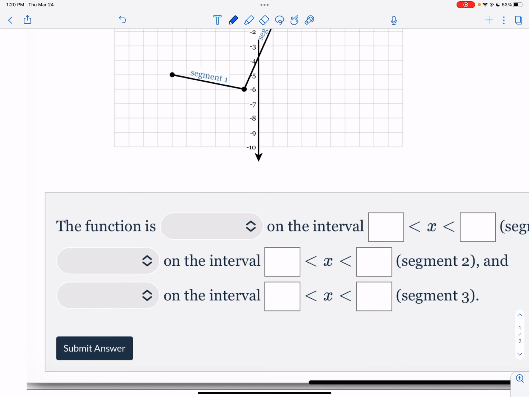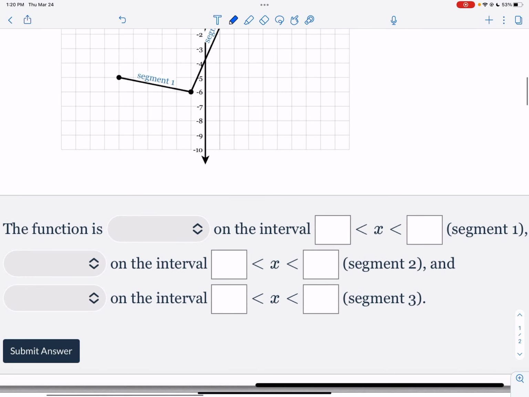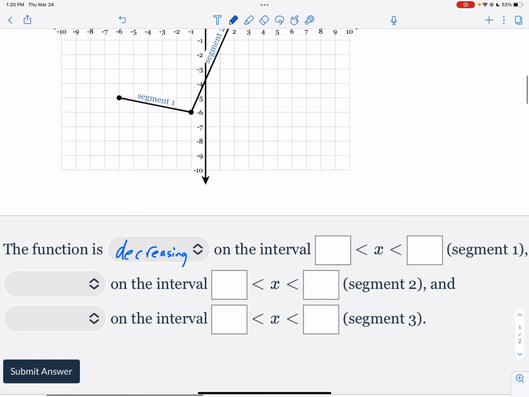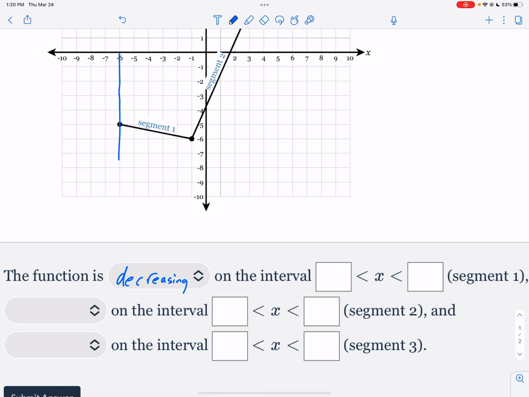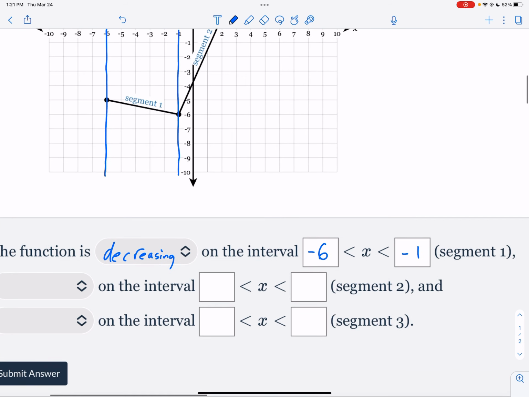So segment 1 looks like it's decreasing. So we'd put this function is decreasing on the interval from -6 to -1. We like to start with our lower number when it's written like this, just remembering how inequalities work. So -6 to -1. And again, just make sure that your inequality symbols are correct. This is a compound inequality, also known as an interval.